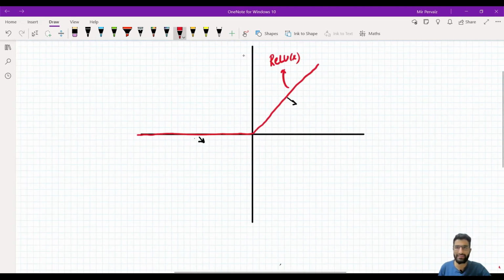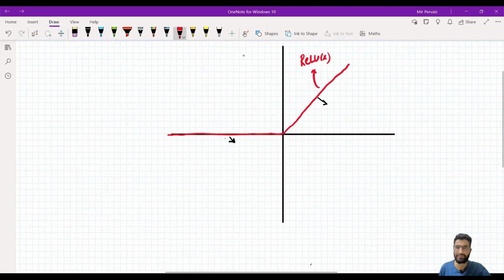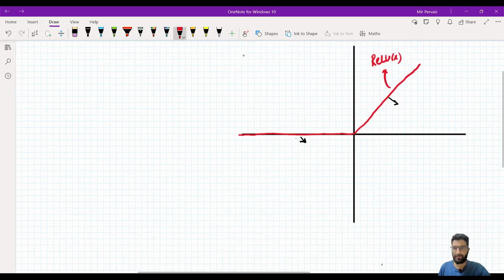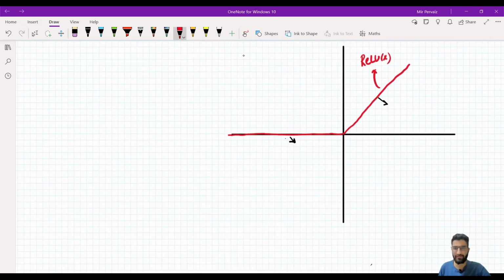If we graphically look at this function, this red curve is my ReLU function. It is defined as R of x, which is max of 0 and x, and in split form I can write it as 0 when x is negative, and x when x is greater than or equal to 0.